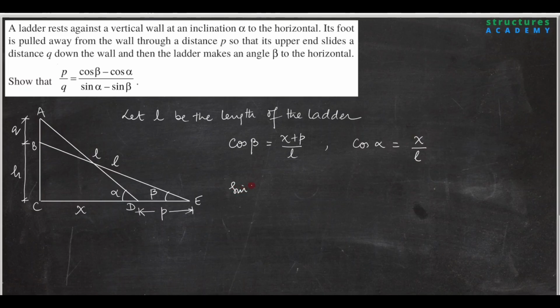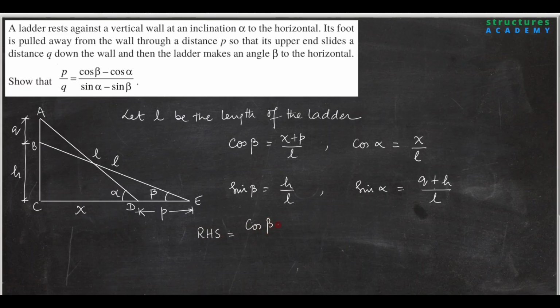Now if you look at sin beta, again sin beta pertains to this larger triangle, which means opposite, which is h, divided by hypotenuse, which is L. So sin beta is h over L, and sin alpha, if you look at this triangle, sin alpha would be the opposite, which is q plus h divided by hypotenuse L. So this is q plus h divided by L. Now let us write the right hand side of the expression which we are asked to prove.